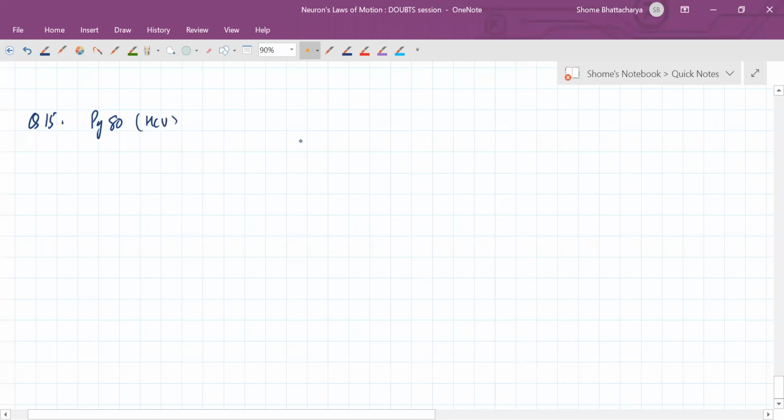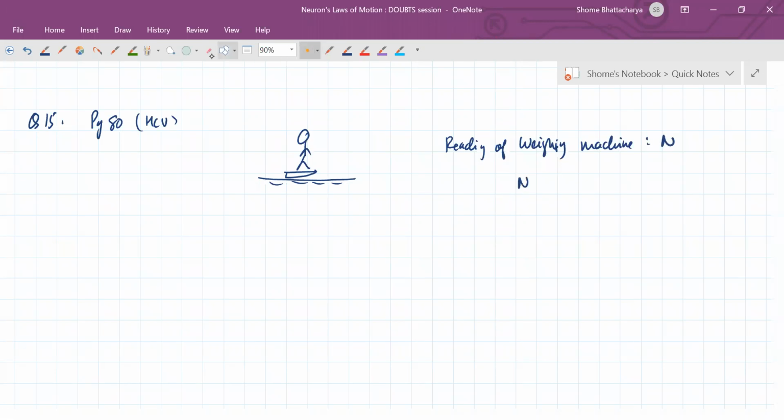Okay. So in general, when a person is standing on a weighing machine, the weighing machine reads, let's say, N. Let's use the symbol X for the reading of the weighing machine.